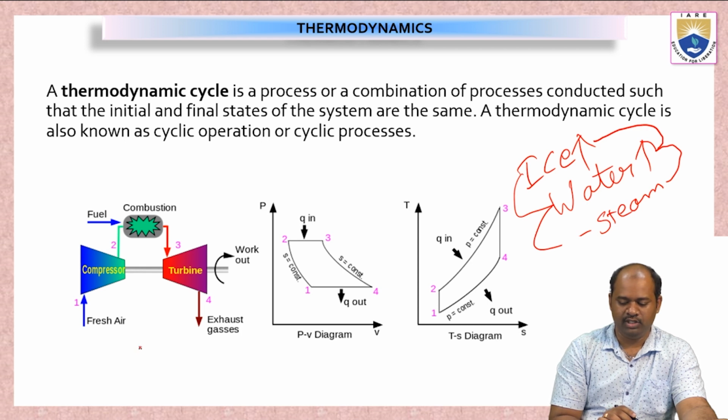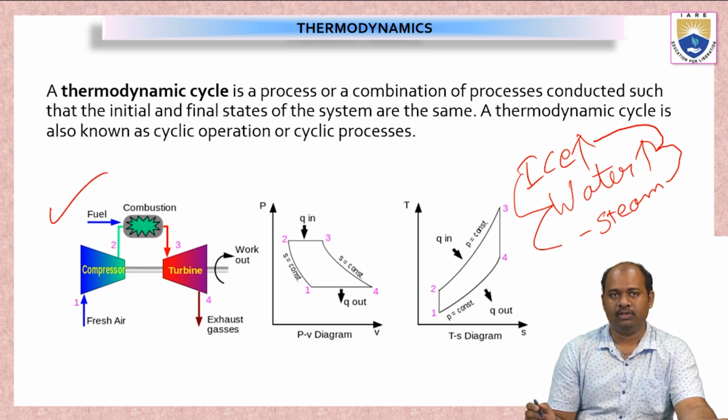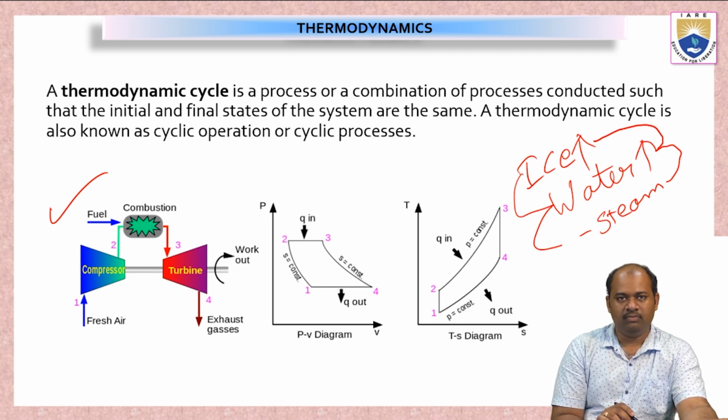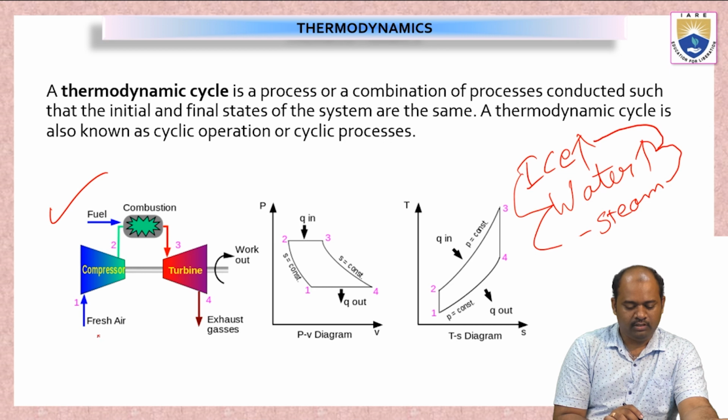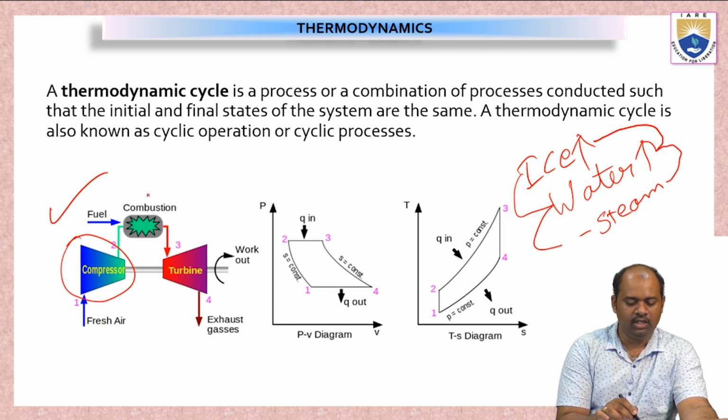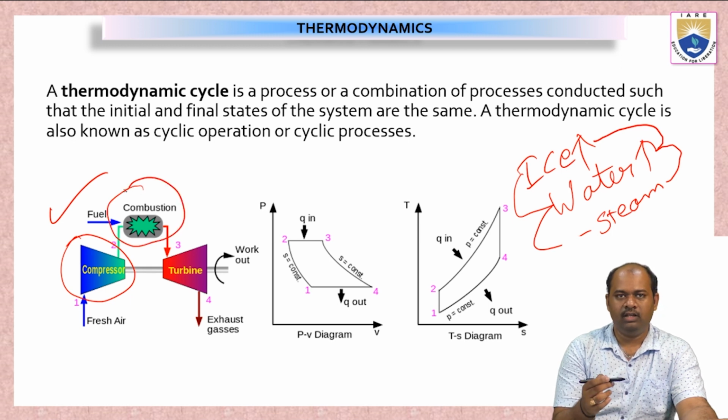Now we have an example. In the picture we can see a compressor and turbine. So this is a turbine diagram where we are going to study a cyclic process. First we will study the working of this process. First, fresh air is taken into the compressor. Now this compressor will send this fresh air into the combustion chamber where fuel and the fresh air will be mixed and burned to produce energy.